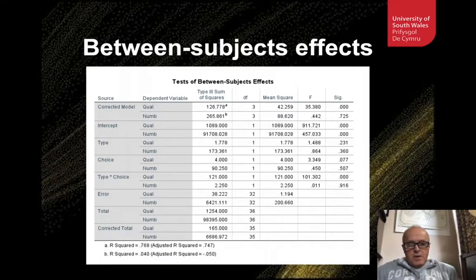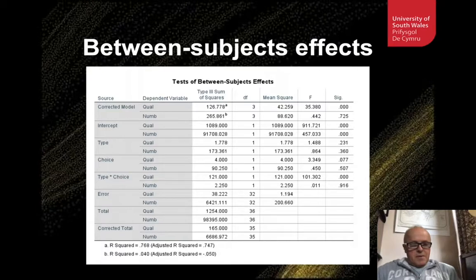So you can see that for quality we've got an F score of 1.48 and a significance level of 0.23, which is not below our criterion of 0.05. For the type of choice set presented, for quality, we've got an F score of 3.3 and a significance level of 0.07, which is not significant, but it's getting close to the 0.05 level.